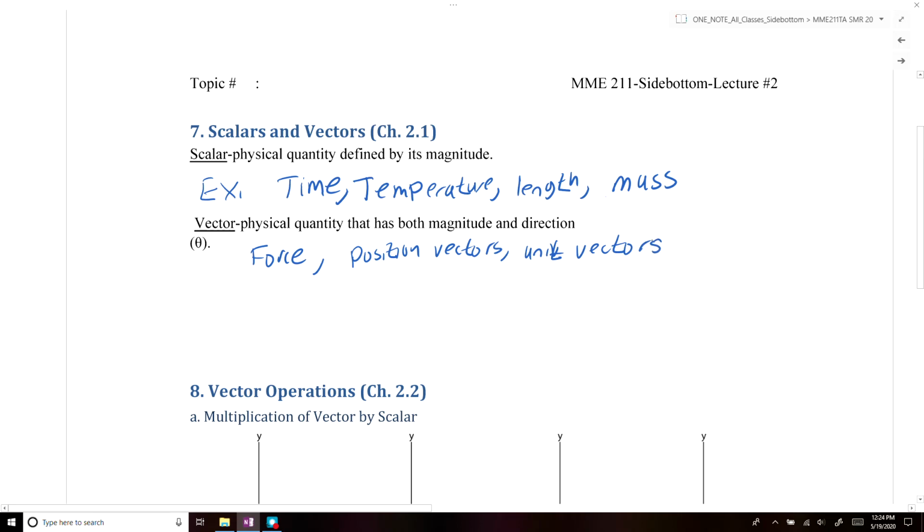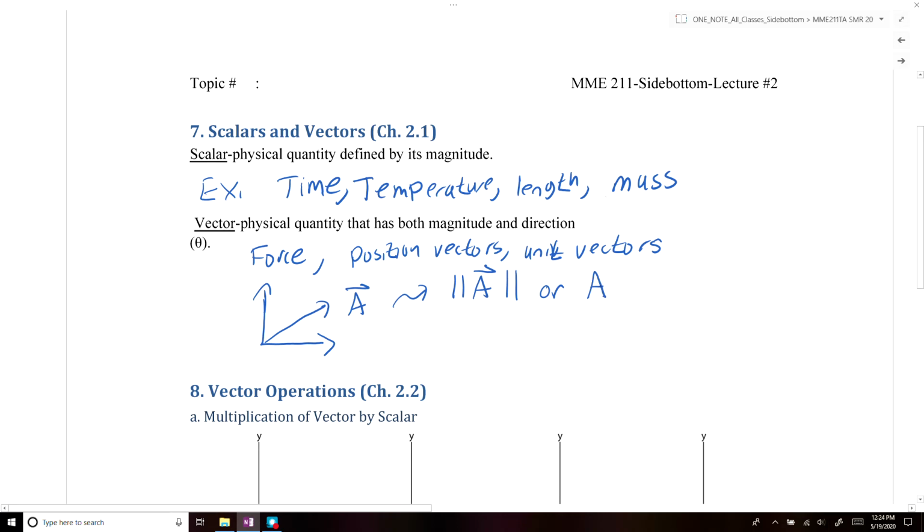So for a vector, let's say we have a force vector, we can call that force A. Force A will have two components. It will have a magnitude, so we can write the magnitude either using the double bars, or we can write it as just the letter A without the line over the top.